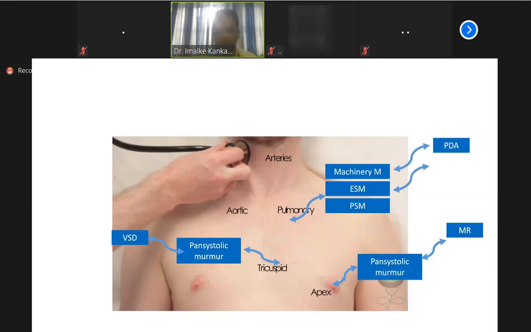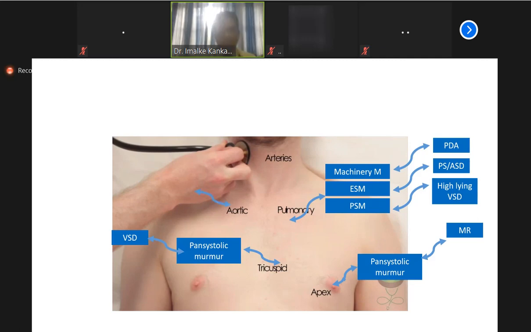If you hear an ejection systolic murmur in the pulmonary area, there will be two diagnoses specifically: pulmonary stenosis and ASD. It's a matter of differentiating that too. I'll come to that next. A pansystolic murmur in the pulmonary area means some VSDs can be high-lying, so you might hear a pansystolic murmur in the left upper sternal edge.